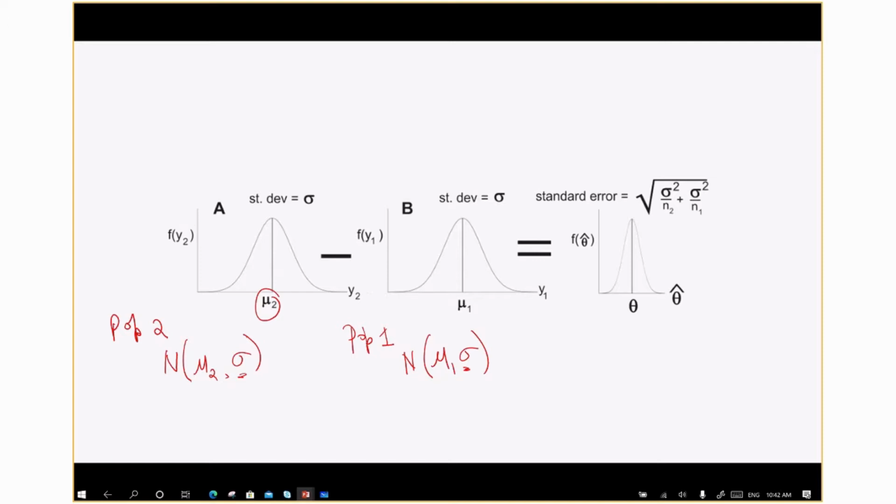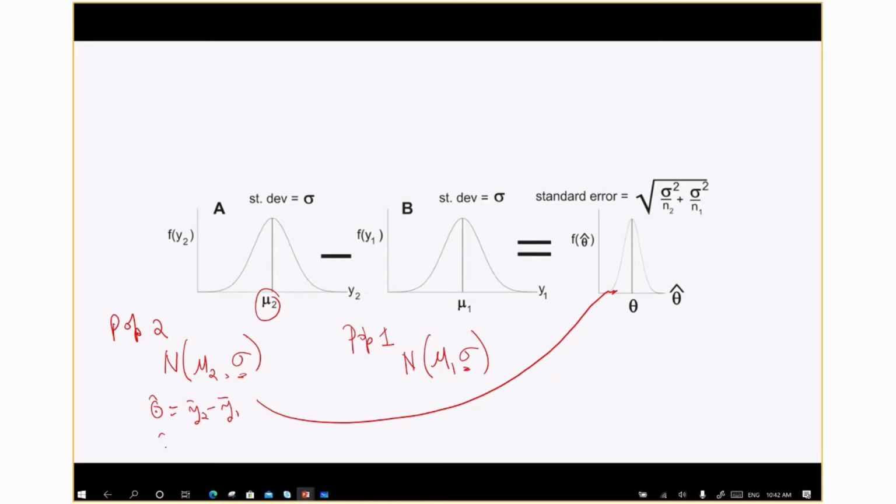So, what are we going to do? We're going to go out there and get our first value of theta hat by taking a sample from the second population, getting its mean, sample from the first population, getting its mean. Once we've got this value of theta hat, we can put it on the number line.